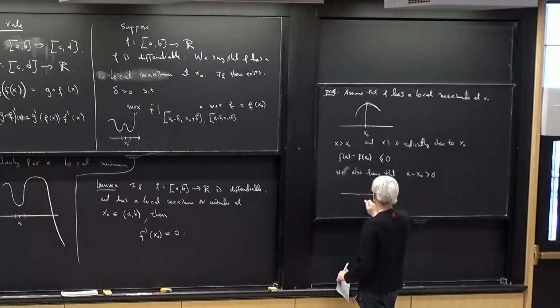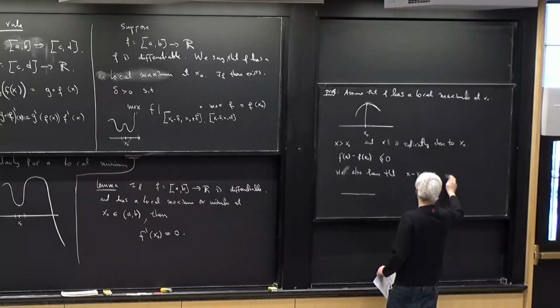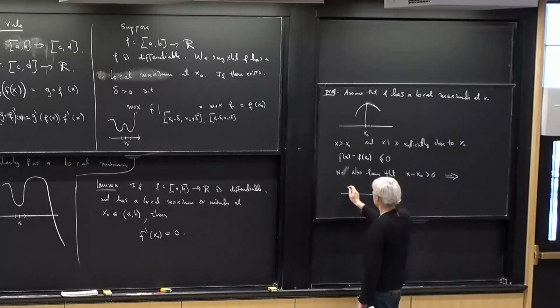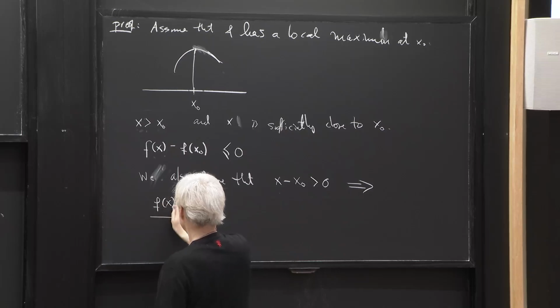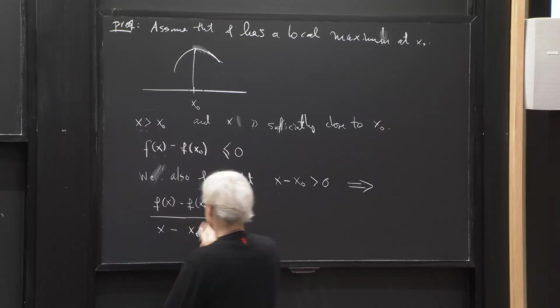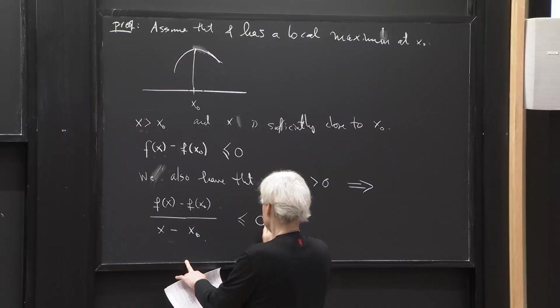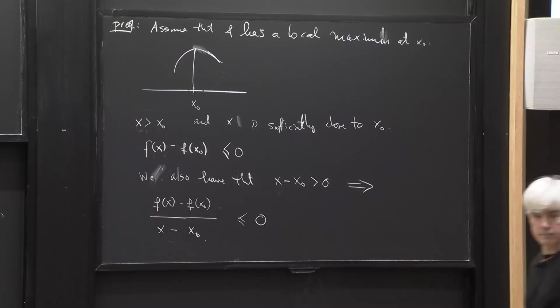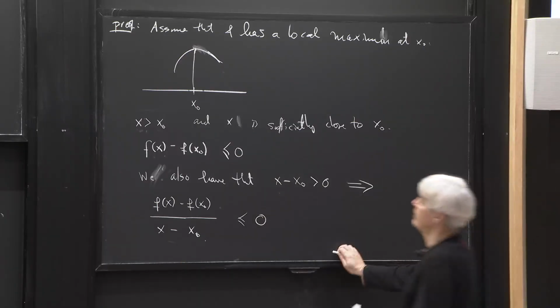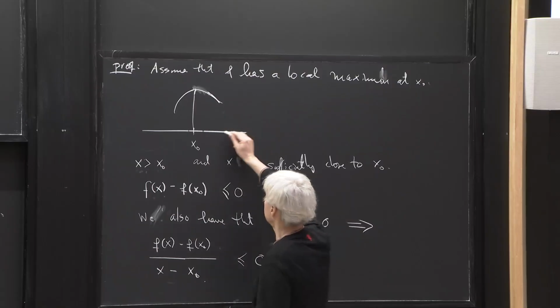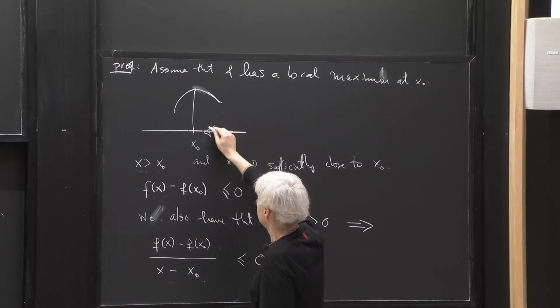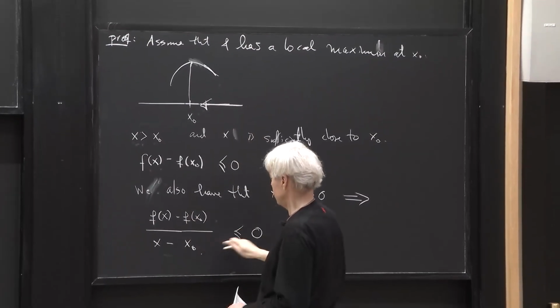So this implies that for the difference quotient, f of x minus f of x0 over x minus x0, this here is non-positive and this here is positive, which means that the whole thing is non-positive, right? So as you are going towards x0 from the right, the difference quotient here is non-positive.